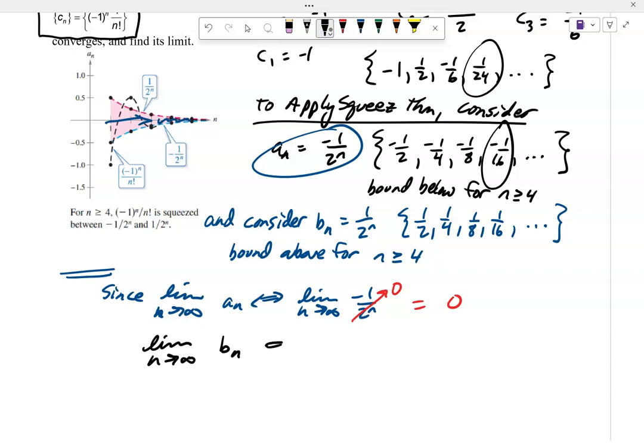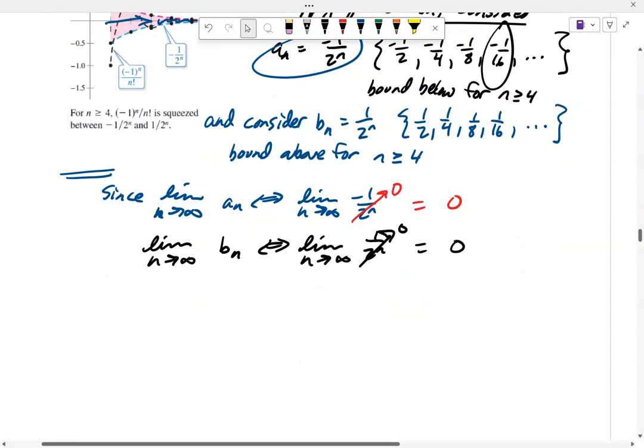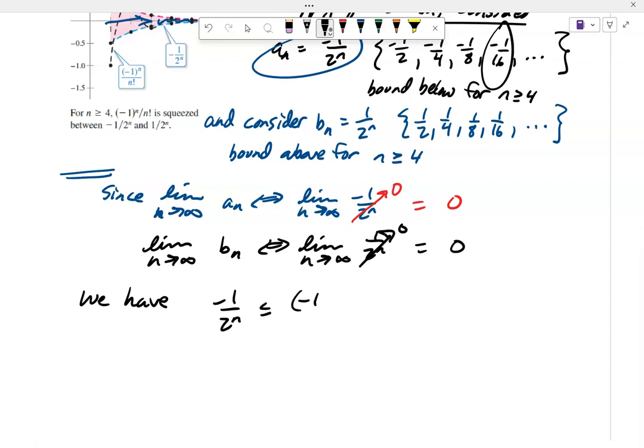The b sub n, does it converge? Yeah, that also goes to 0, right? So the sequence between them, which was our original sequence, it's between the two.